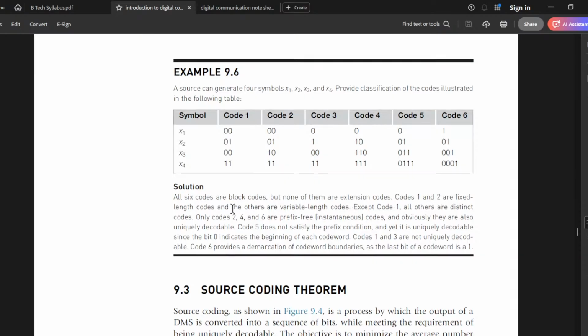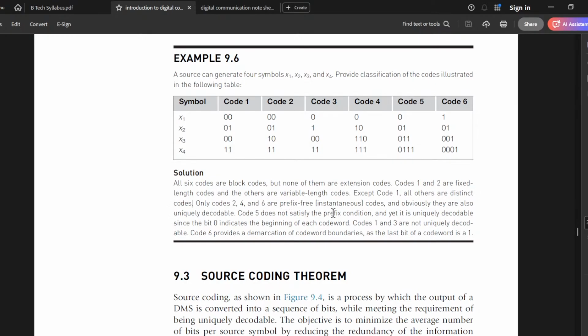Except code 1, all other codes are distinct, because here 00 and 00 are the same.